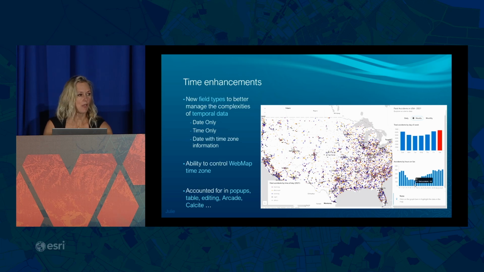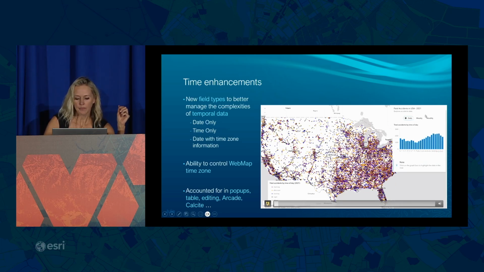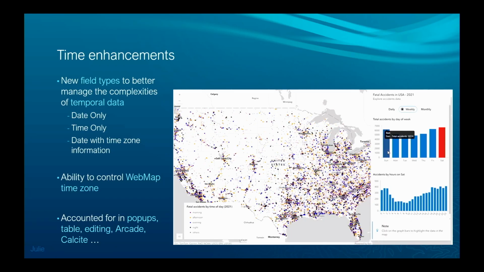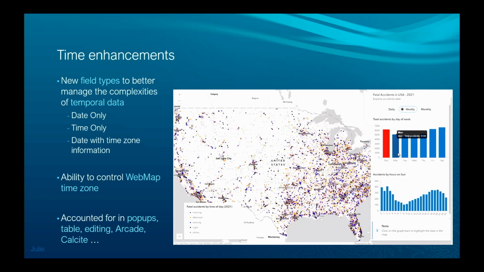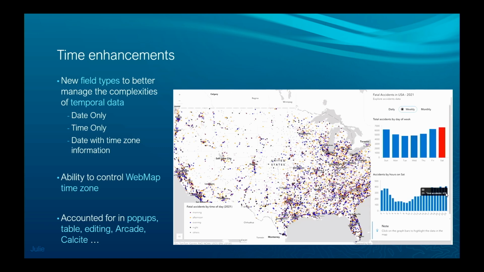Also support for time zones. So say, for example, you want, when your web map is loaded, always to show up with the same time zone. You can save that in the web map. And then also another field is time offset. And so the idea there is, say you work with data that spans across multiple time zones, but you want to standardize it to not take that into account and just display data uniformly across all the time zones.